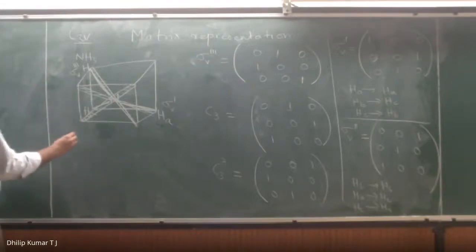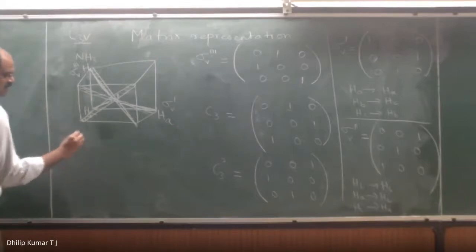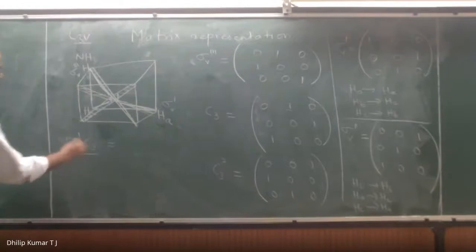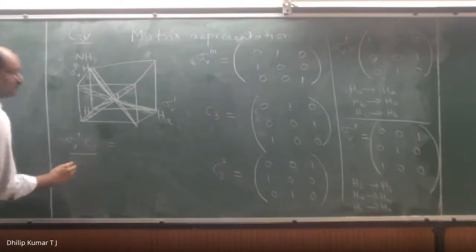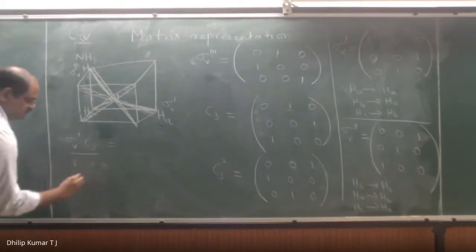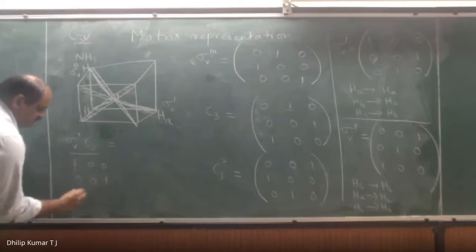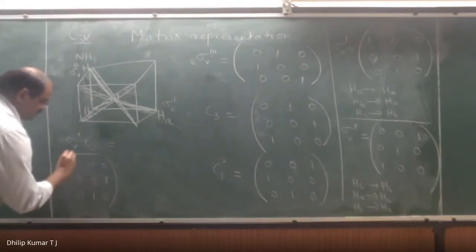So for group properties, take any example, sigma V prime with C3. You should get the corresponding matrix of its result. So sigma V prime is what we have written: 1, 0, 0, 0, 0, 1, 0, 1, 0.